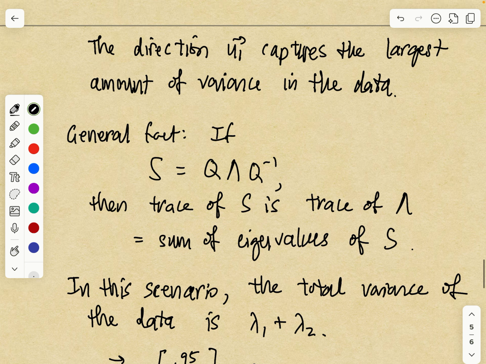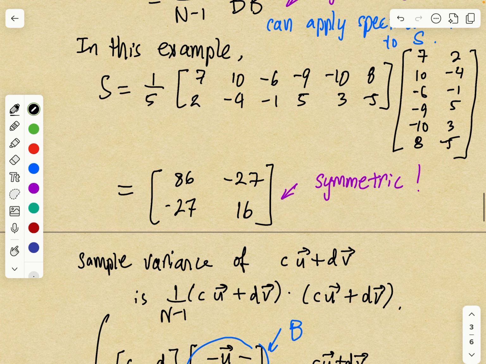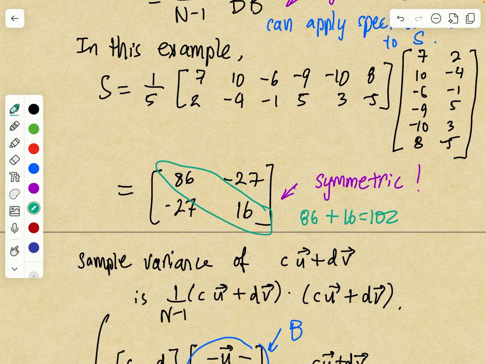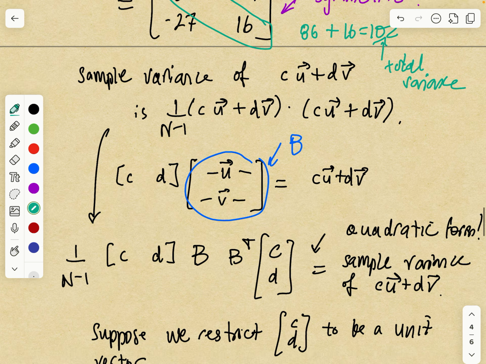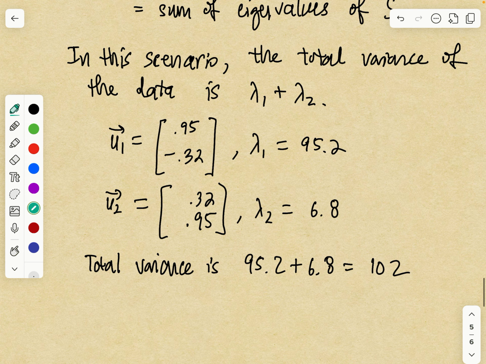Which is what we would expect, because when you look at S and sum up the diagonal entries, you get 102. That's the total variance in the data. But the eigenvalues are lambda 1 and lambda 2.